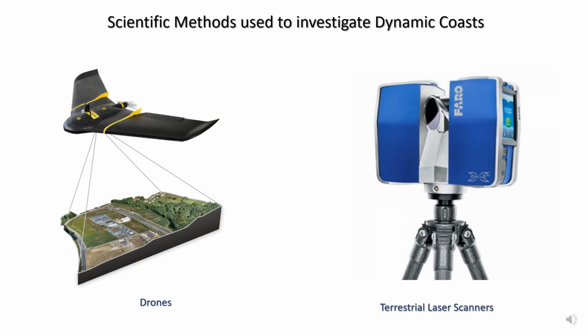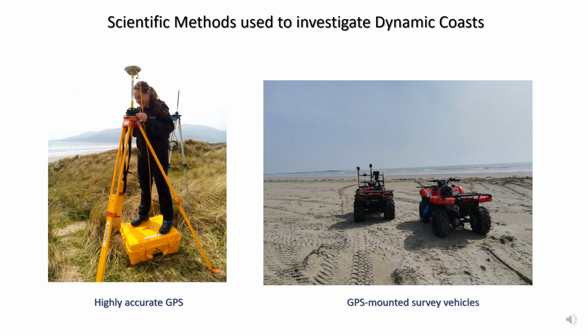On the ground, we can mount what's known as a terrestrial laser scanner. These are tripod mounted, and they fire around about 1 million laser points per second, and it gathers the three-dimensional topography that surrounds it in 360 degrees. We have highly accurate GPS systems, and this is one of our postdoctoral personnel mounting a base station down in Newcastle, County Down.